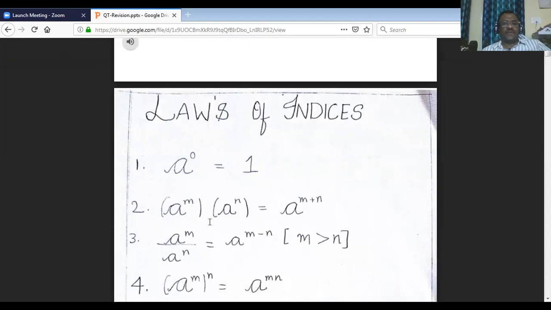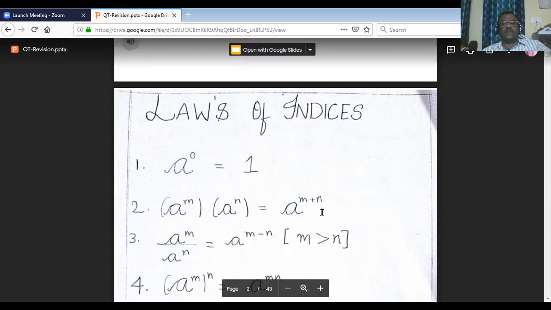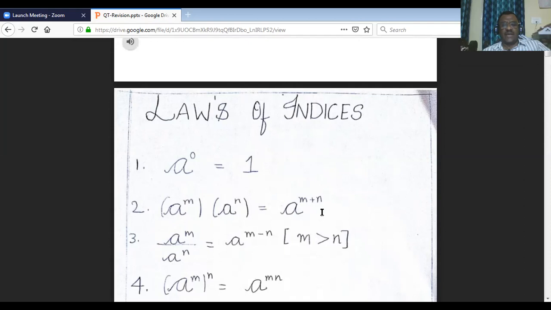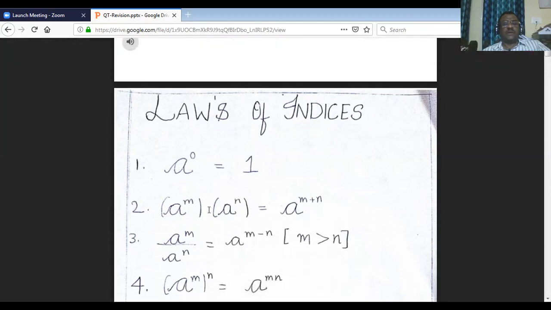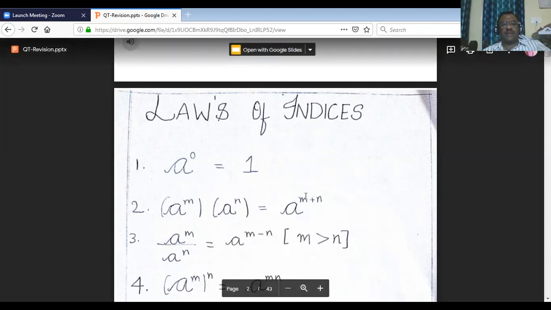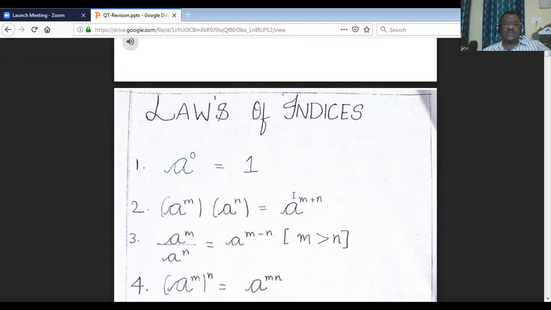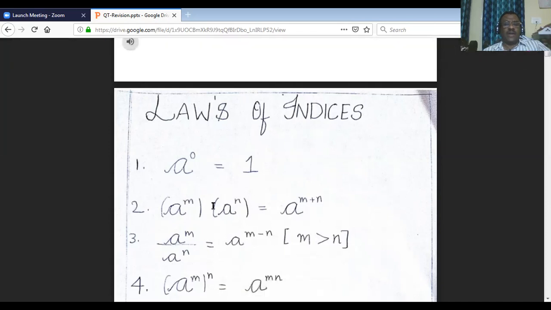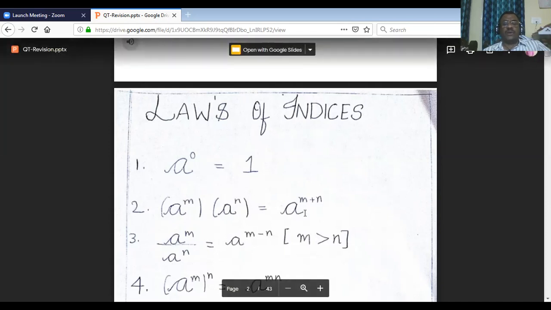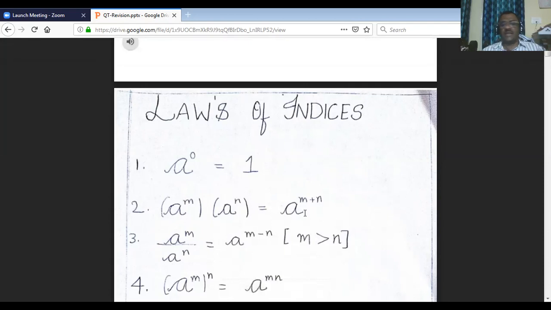The second law: a to the power of m multiplied by a to the power of n is equal to a to the power of m plus n. When the bases are the same, the exponents are added.